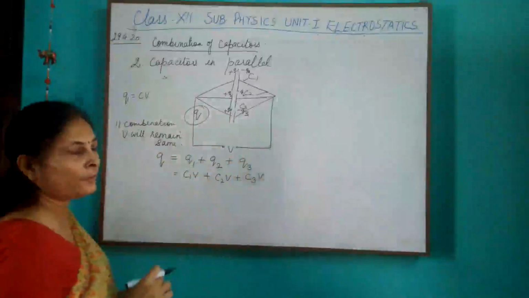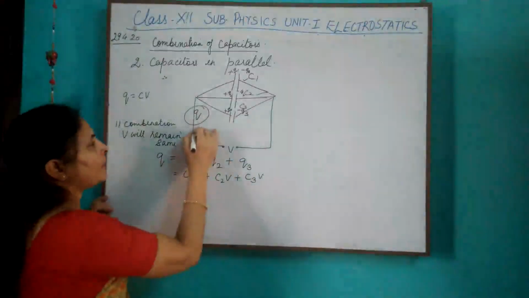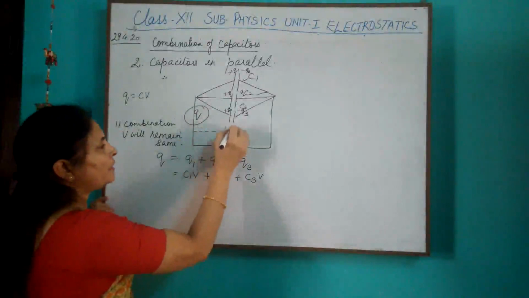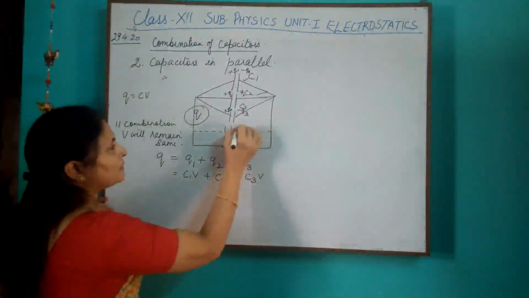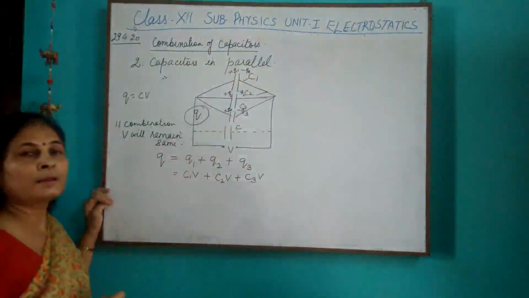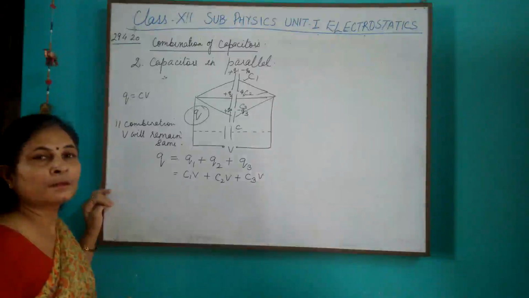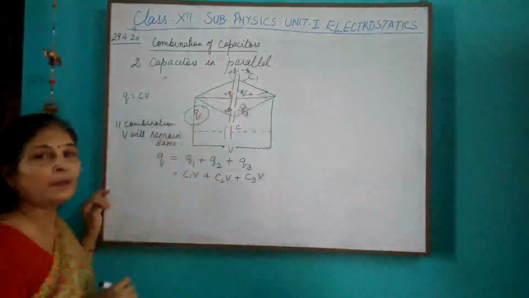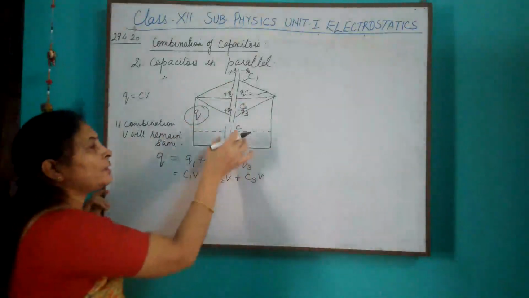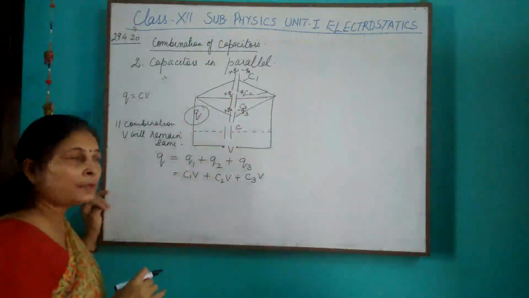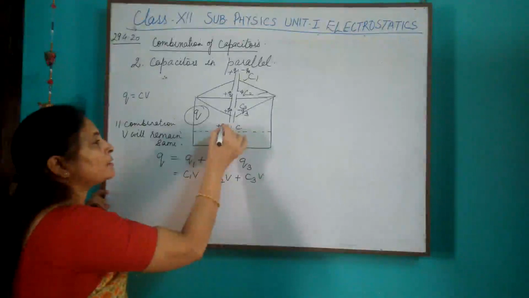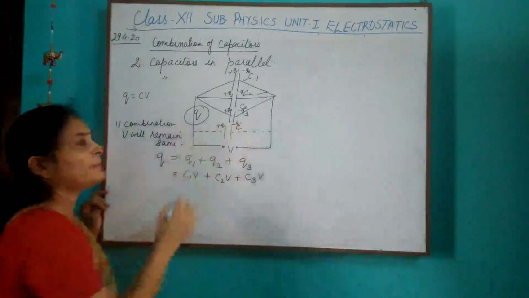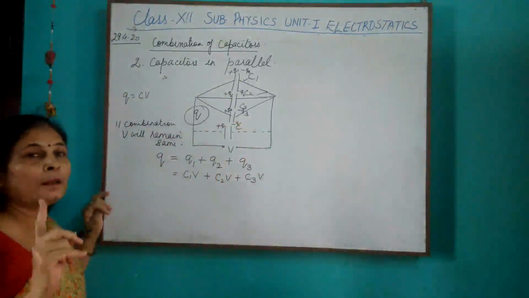Now suppose I want to connect only a single capacitor, say C, across this potential difference, in place of these three capacitors, so whole of the potential will again be dropped over here, but now the total charge will be stored in only a single capacitor.